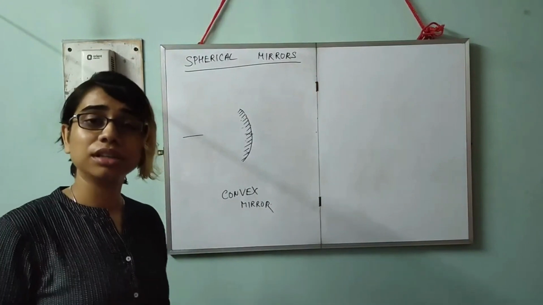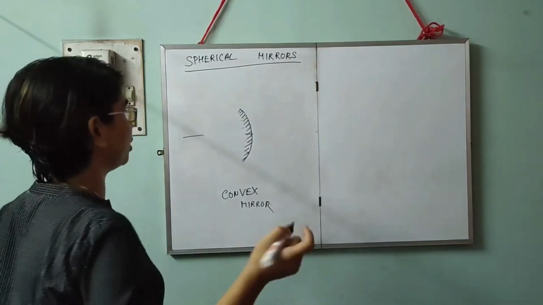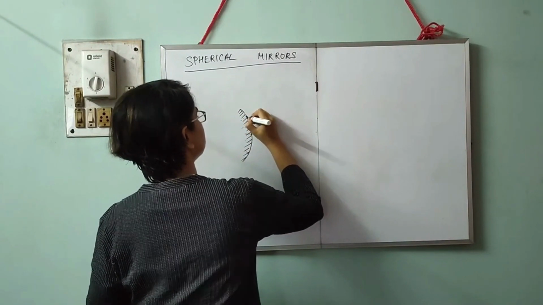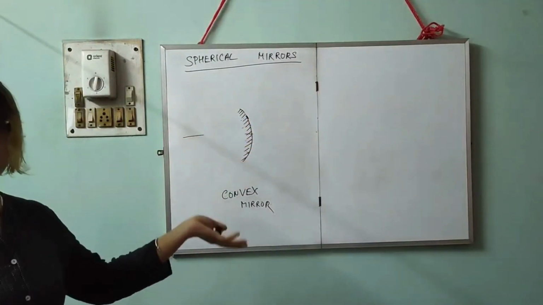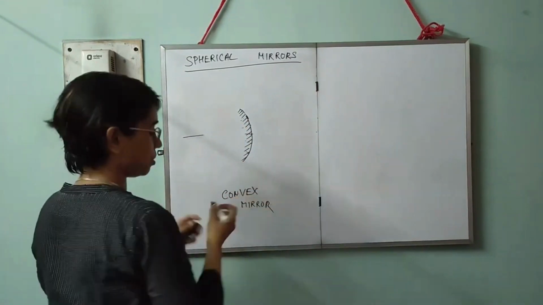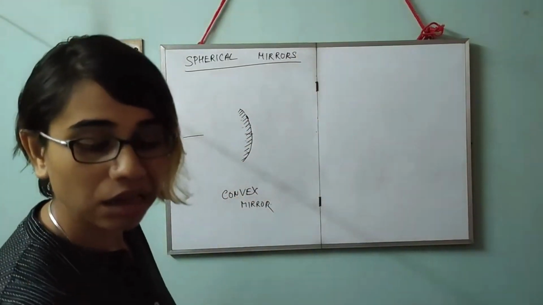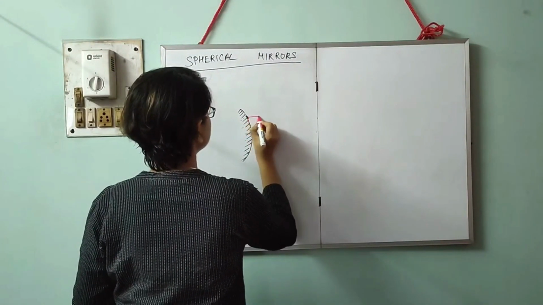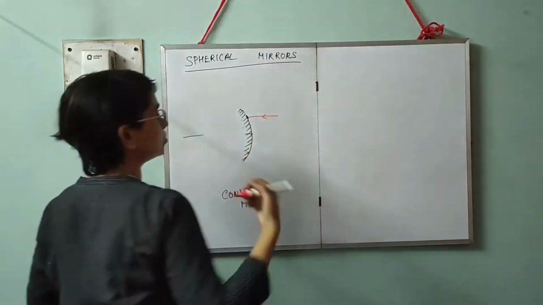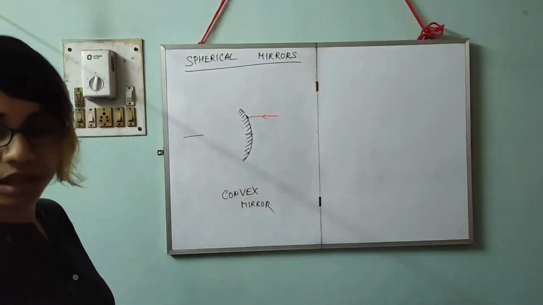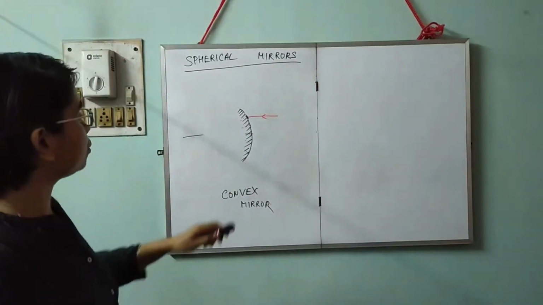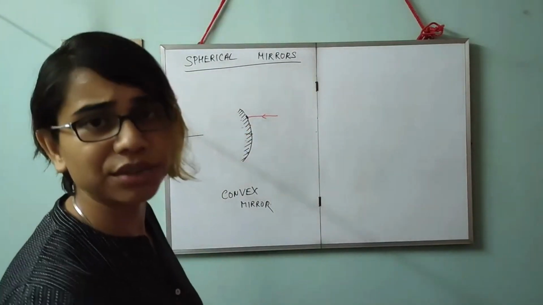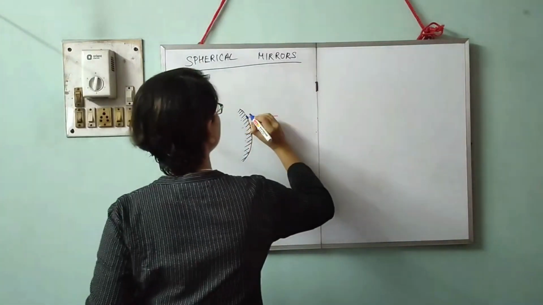And do you remember the laws of reflection? Good. So suppose this is a small straight line on the convex mirror. Now light falls. Looking at this figure, which side do you think it will reflect back to? Obviously this side.